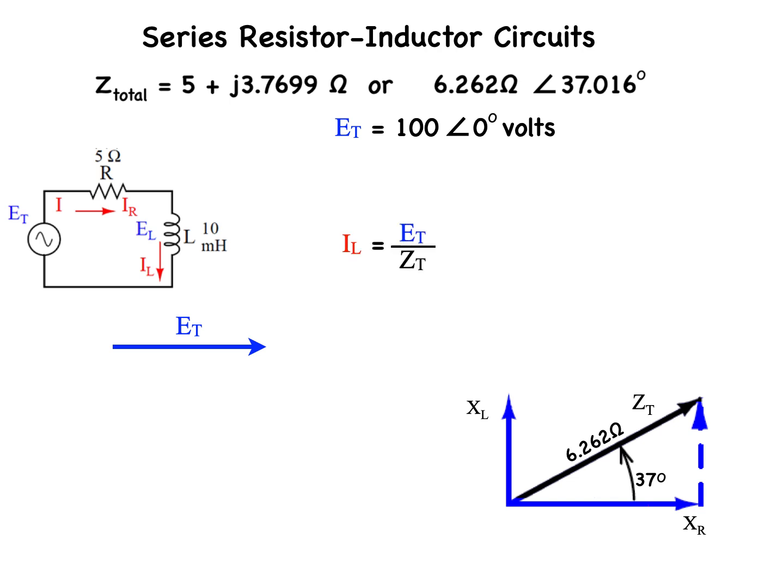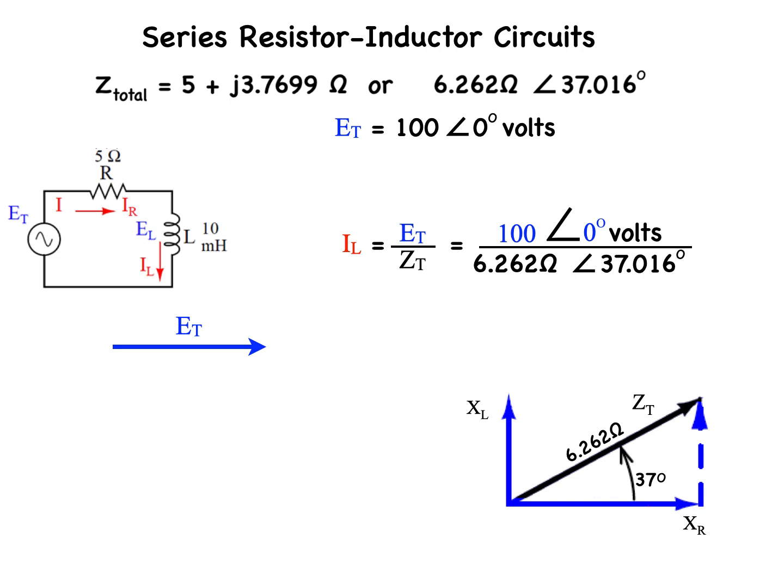And we just have to use Ohm's law to calculate the circuit current, which is ET all over ZT, remembering that ET and ZT are phasors themselves, which would be 100 volts at 0 degrees all over 6.262 ohms at 37.016 degrees.